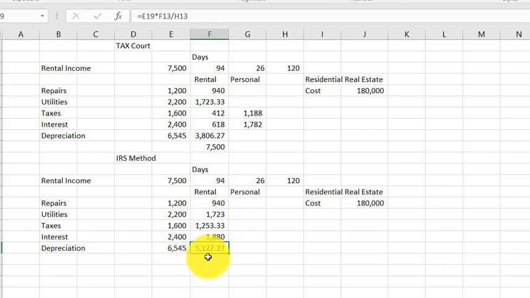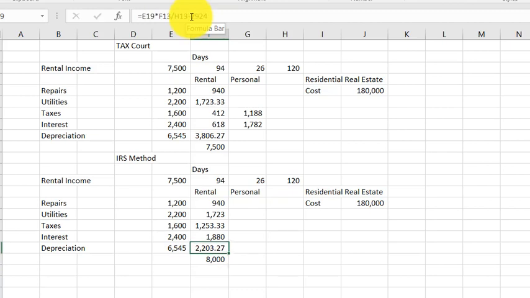All right. So again, like it was before, this is more than you can have because you can only have 7,500, right? Because it can't be a loss. So you would have to subtract from here the depreciation again, 29.24.